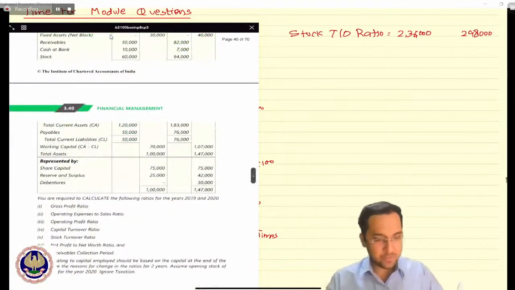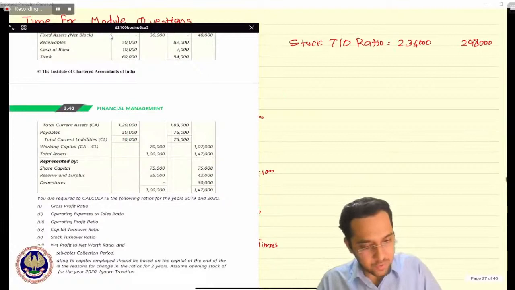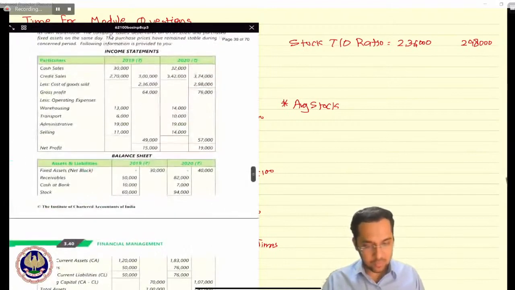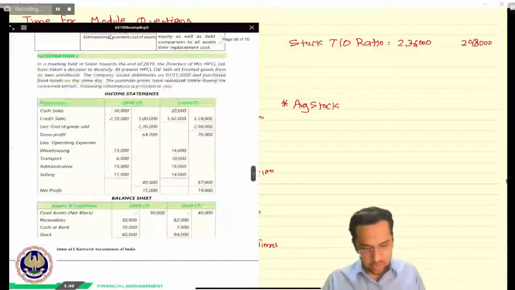So for the purpose of average stock, let us first compute it over here. For 2019 average stock, we have an opening stock of 40,000.